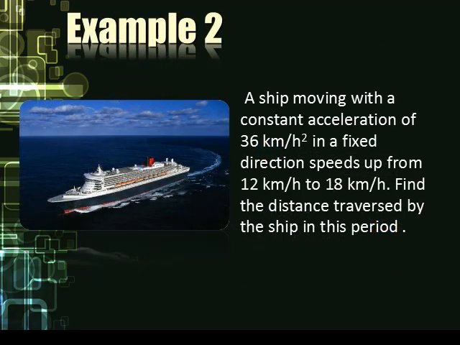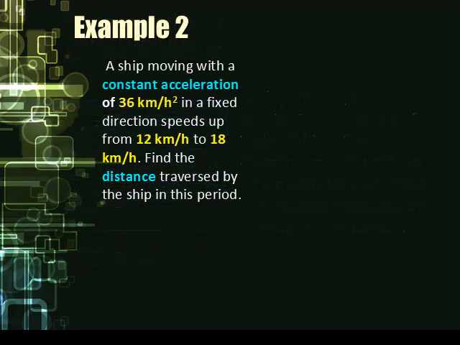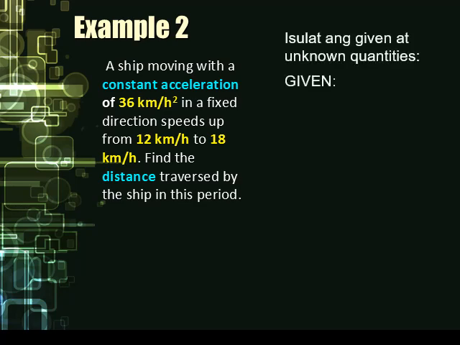Okay, next example. A ship moving with a constant acceleration of 36 kilometers per hour squared in a fixed direction speeds up from 12 kilometers per hour to 18 kilometers per hour. Find the distance traversed by the ship in this period. Again, hanapin muna natin yung mga given quantities at yung unknown.